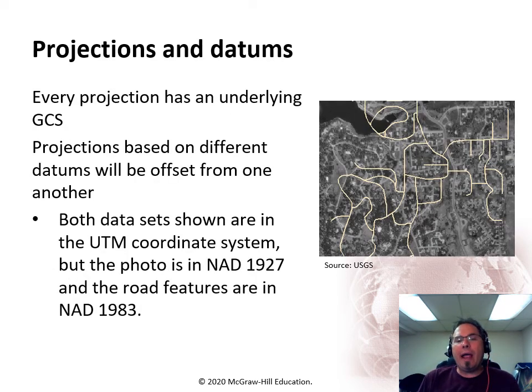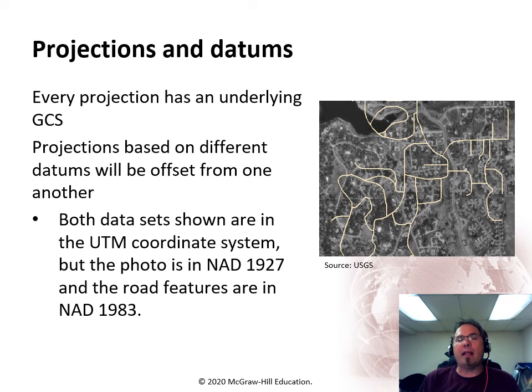Now, you can have different datums on the same map. However, sometimes what you'll notice is things just don't line up right. You can see in this image here, you have roads. They were both in the UTM coordinate system, which I'll talk about in a bit. But one is in NAD 27 and one is in NAD 83.